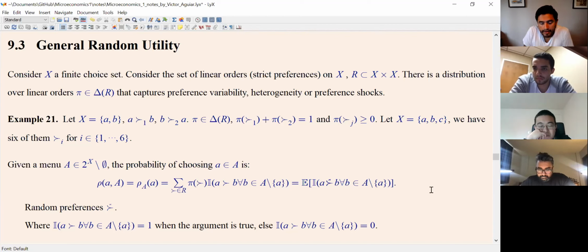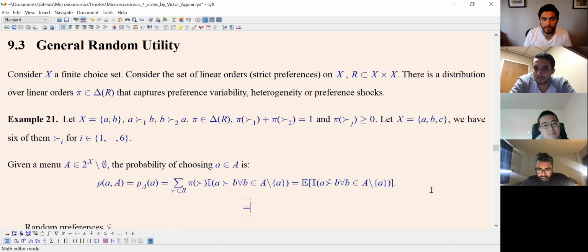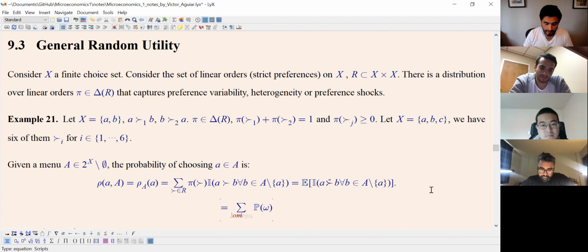Yeah, so remember that according to our previous definition, we define basically these moods, right? So I can do the following, which is basically saying that, remember I defined this probability function over omegas, right? These are the moods, for instance, on this probabilistic space.